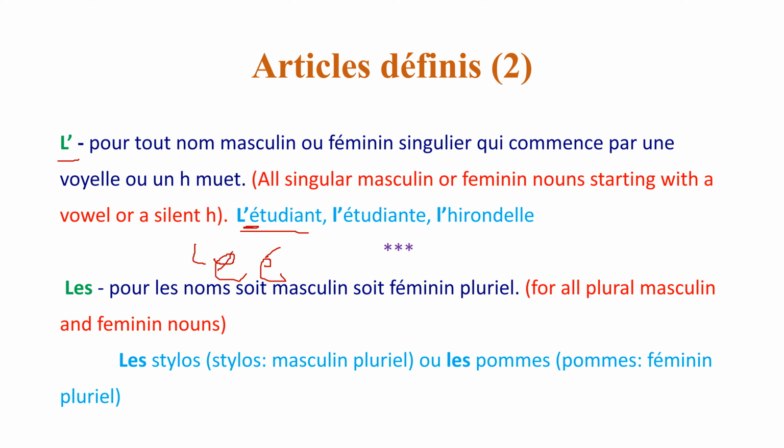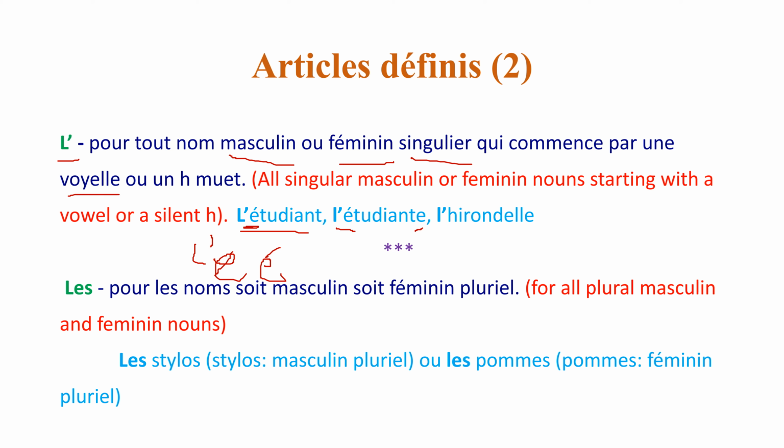So what we do, we eliminate that first one and we replace it by an apostrophe. That's how we have l'étudiant. And the same thing for l'étudiante. You add an E to have the feminine noun. Here we go. For all masculine or feminine singular that starts with a vowel.